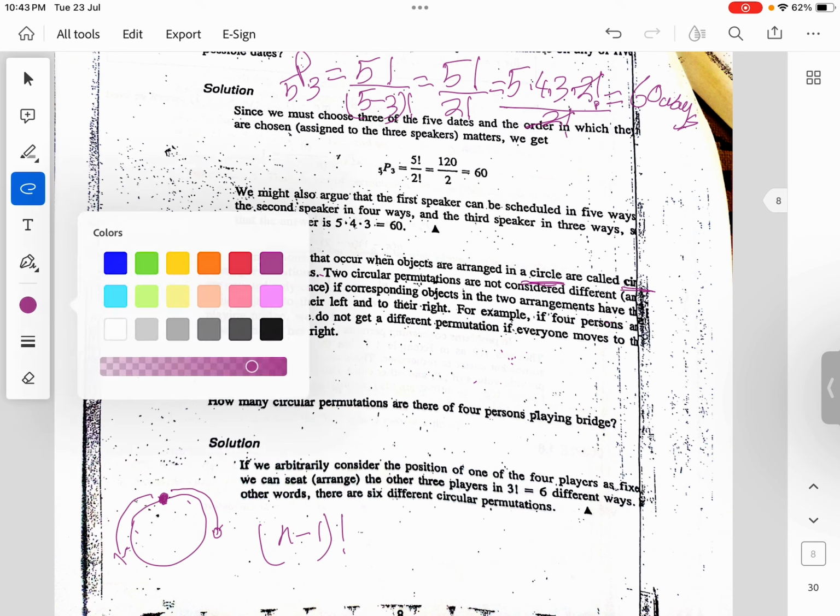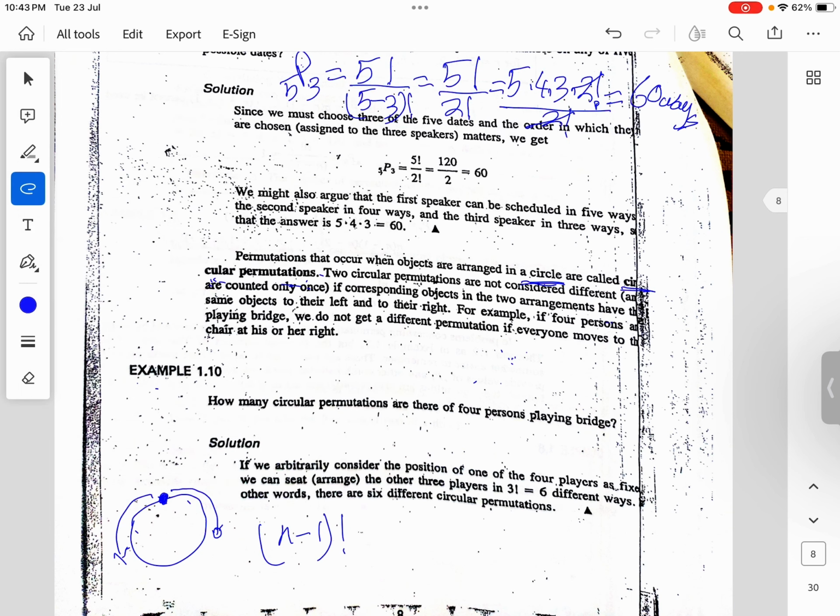For example, how many circular permutations are there of 4 persons playing bridge? Bridge means a circular table, and there is one who is sitting at the beginning of this table and has something that makes the playing stop, like a bottle or something.